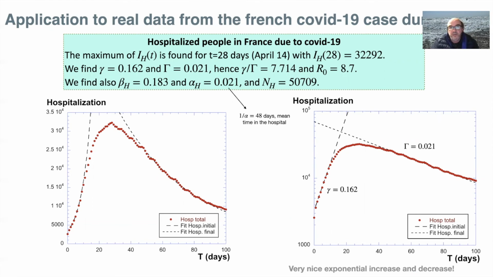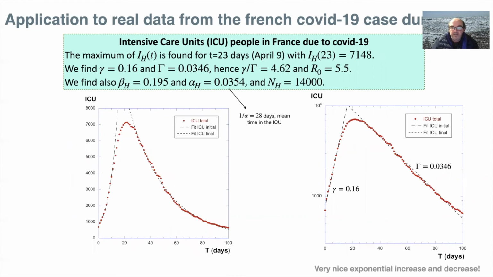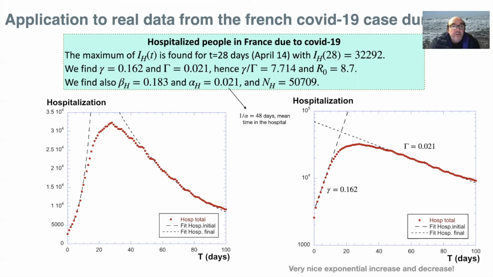From this, we can consider the ratio and find the different parameters given here. The ratio is 7.7, so R naught is 8.7, and we can find the two parameters beta and alpha, which are given here. We can also show that the number of people is about 50,000.